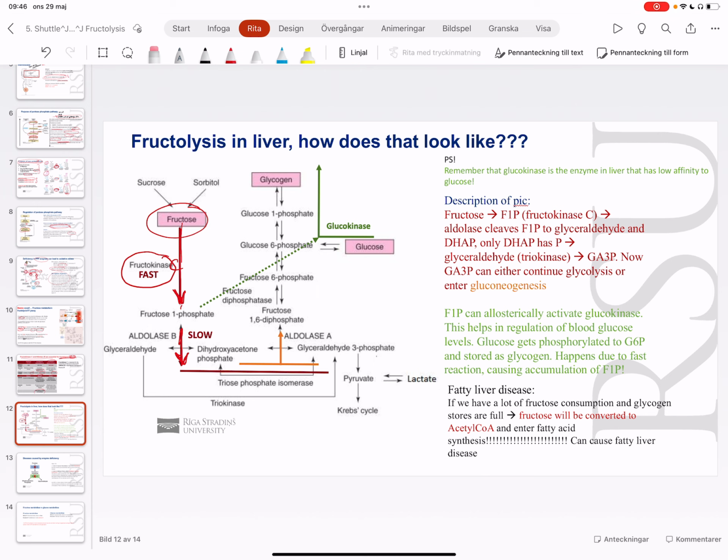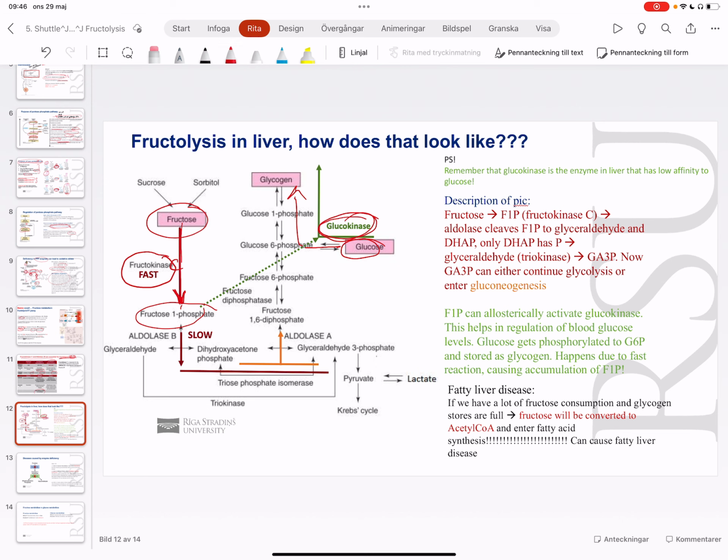And this accumulation actually can lead to the activation of glucokinase. And glucokinase is hexokinase 4. So it's an enzyme in the liver that has low affinity to glucose. But fructose 1-phosphate can activate glucokinase. When glucokinase is activated, the glucose can actually be converted back to glycogen. So that can happen.